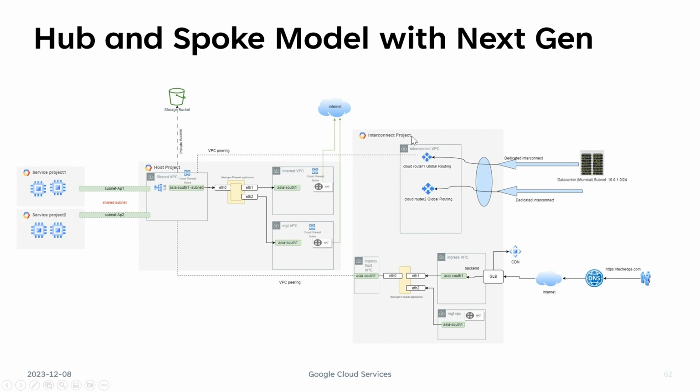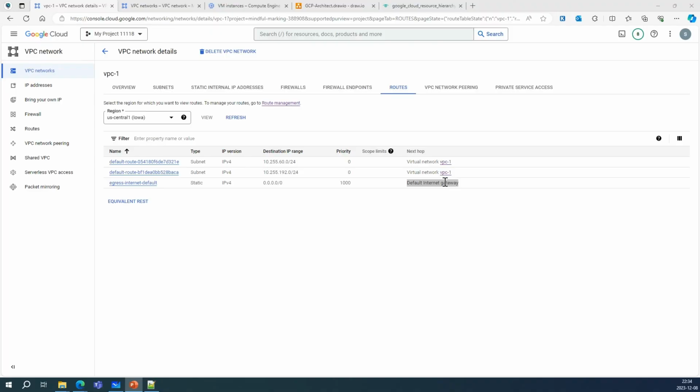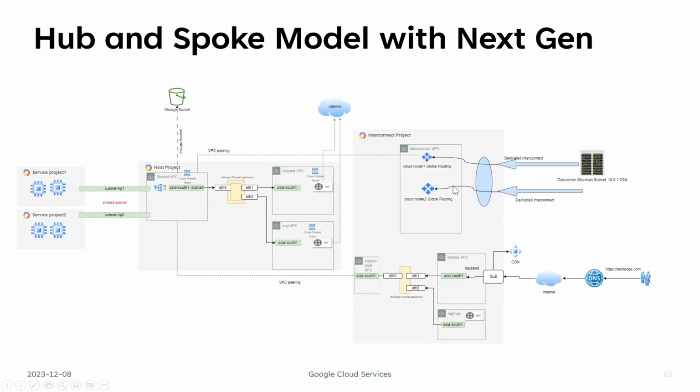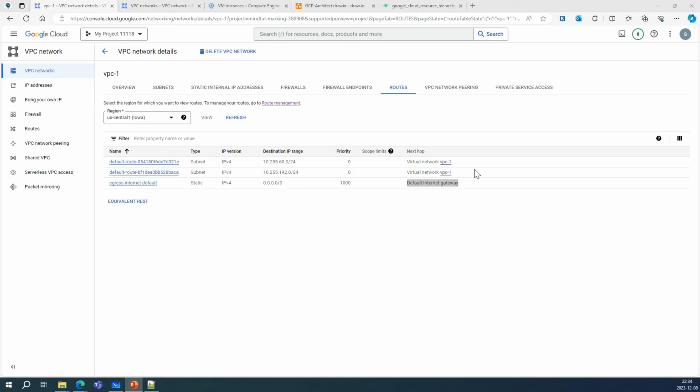This project is dedicated to the interconnect, which means all your dedicated connections to your on-premise will be connected to this project only. I'll explain this in a different way because this is shared VPC. You will understand.